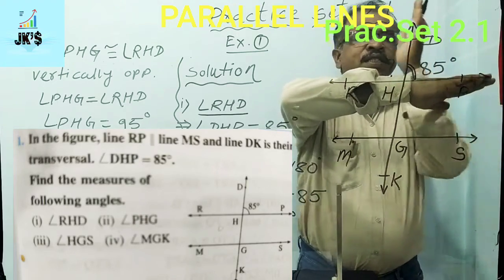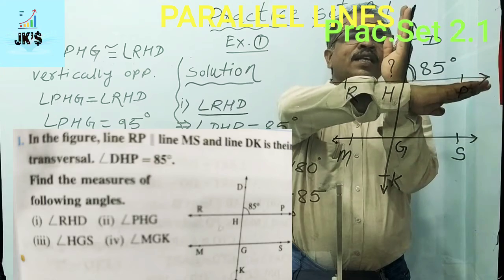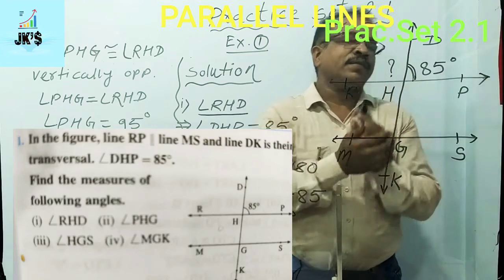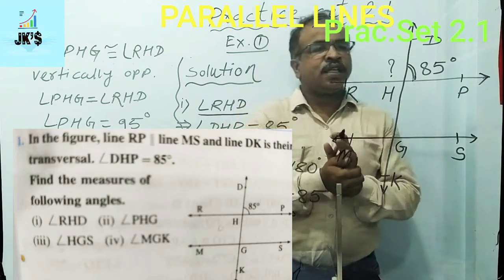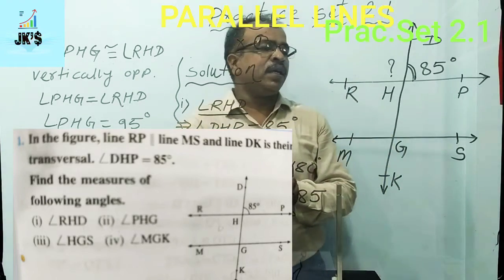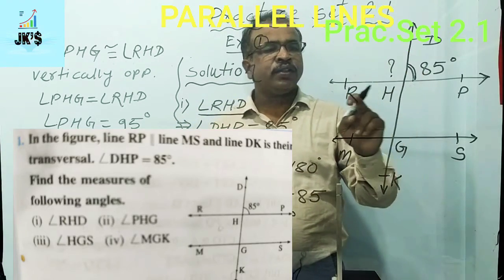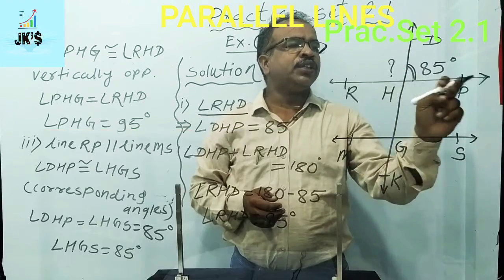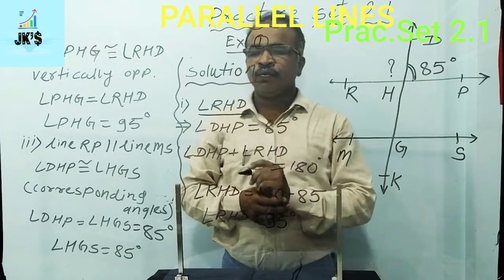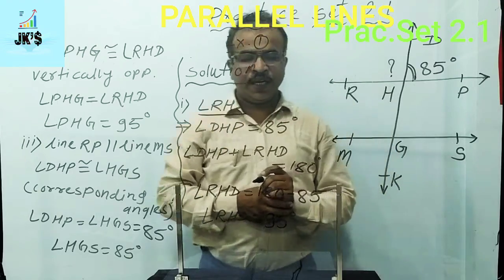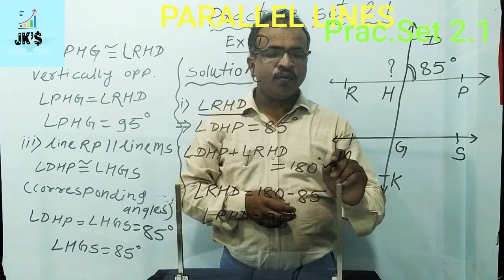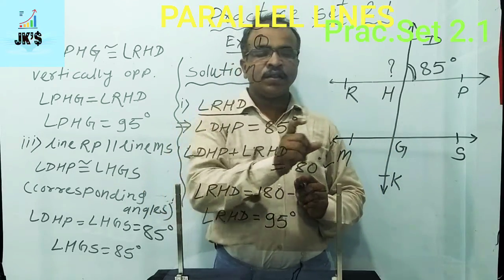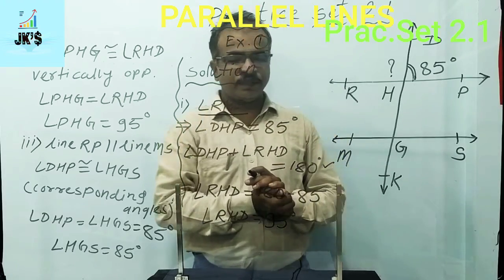These two angles are in linear pair. So angles in linear pair are supplementary. Hence angle DHR, means RHD, plus DHP equals 180.